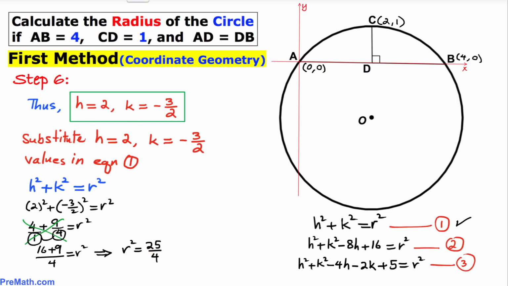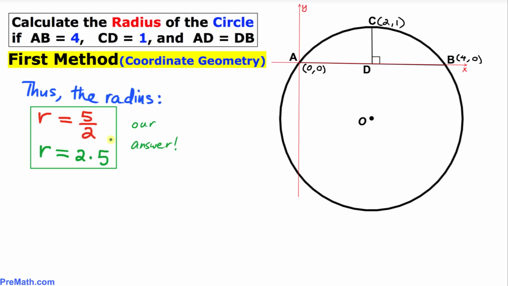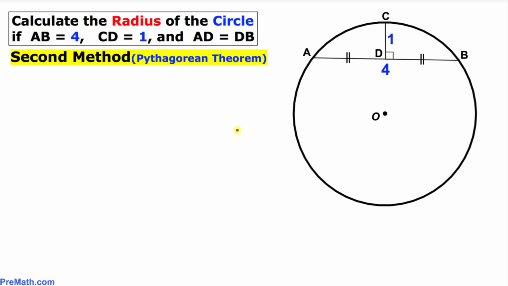Let's take the square root on both sides to undo this square. So our r value turns out to be 5 over 2. Thus our radius is r equal to 5 over 2, or simply 2.5, and that is our final answer.